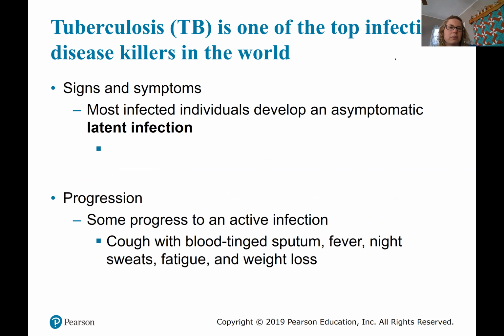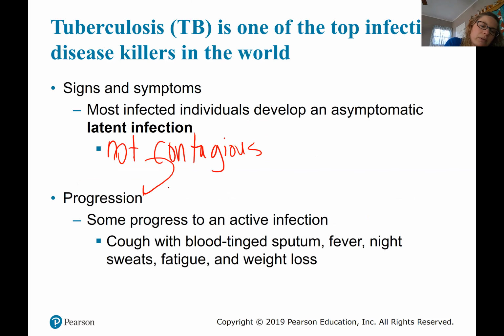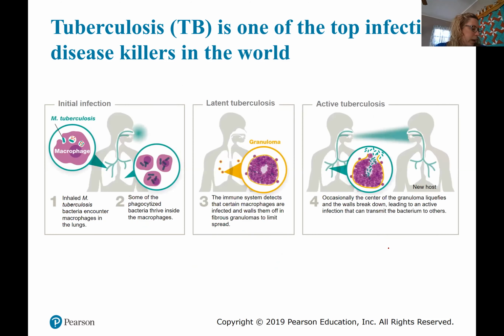Signs and symptoms. So most infected people develop an asymptomatic latent infection where they're not contagious. And then many, not all, progress into the active stage. And the active stage signs and symptoms would be bloody sputum, spitting up blood, fever, night sweats, fatigue, and weight loss. Okay, so what happens with the disease?